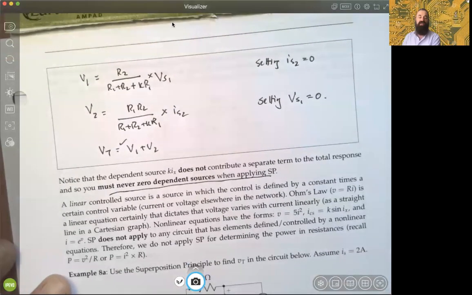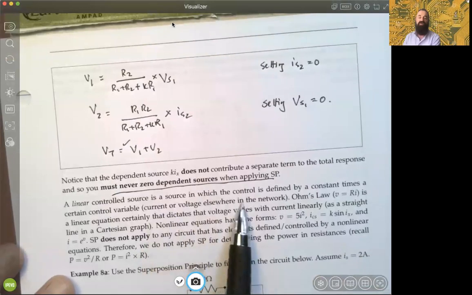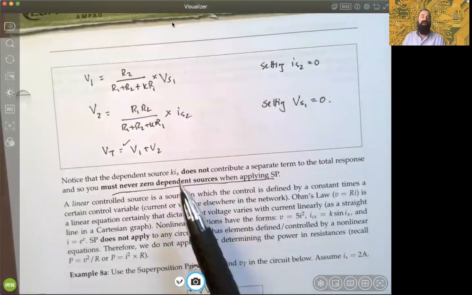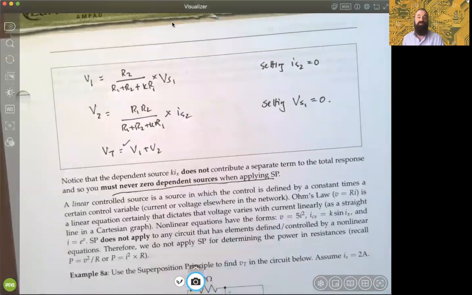Just for definition purposes, a linear controlled source is one in which the control is defined by a constant times a certain current or voltage elsewhere, just like the K times IX. That's a linear controlled source for the current source, right? And certainly if you look at Ohm's law, that is a linear equation because it shows a linear relationship between the voltage and the current.